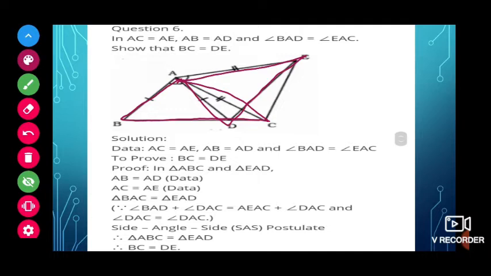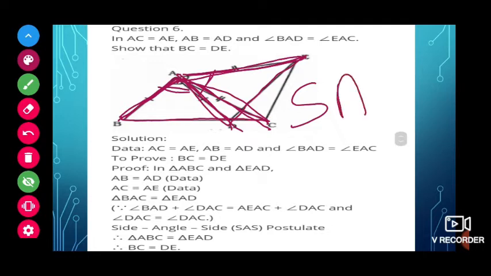In these two triangles, they have given two sides. See, AB is equal to AD, and AC, this side, is equal to this side. And the angle lying between these two sides is also equal. So by using side angle side, we can say these two triangles are equal.